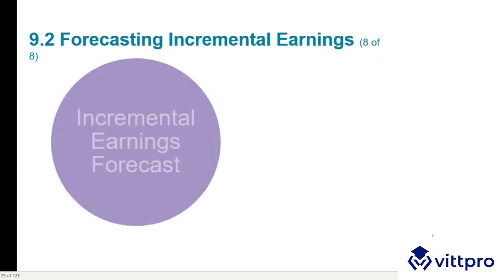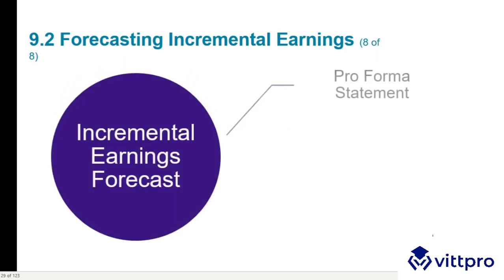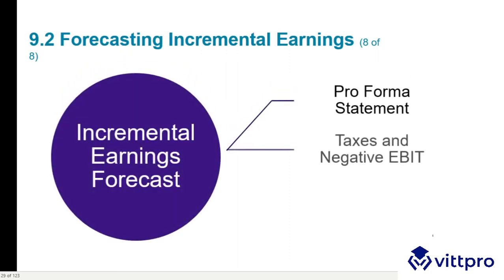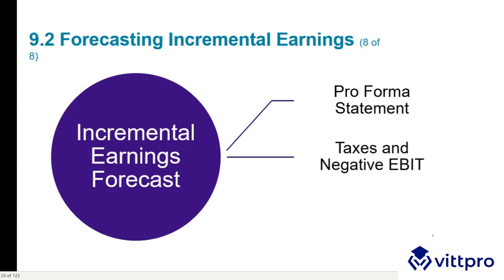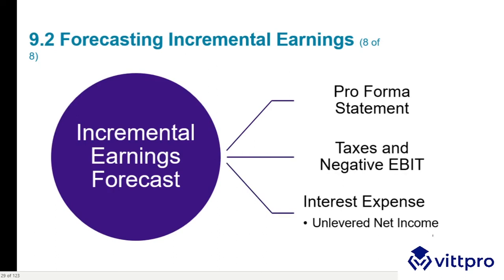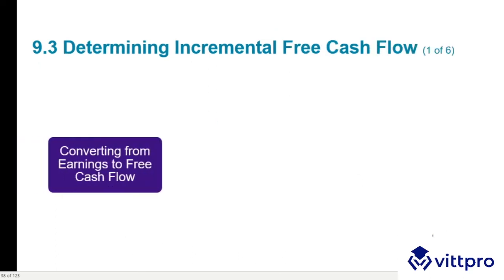Usually when you are forecasting the incremental earnings, you normally will create a pro forma statement, and also taxes, negative IBT and interest expenses. So you normally have to create a separate forecast. When you want to determine the free cash flows, because earnings are not useful in calculating the NPV or IRR or anything, you need to convert the earnings into free cash flows.